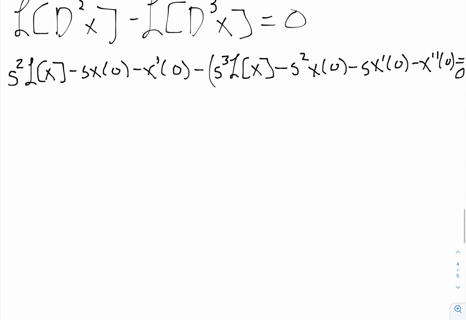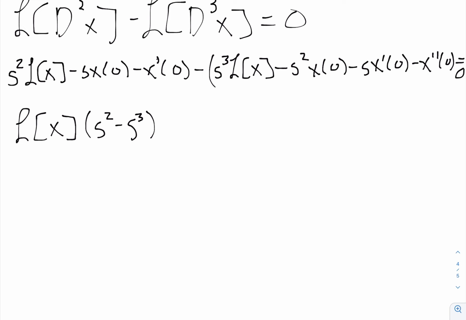Okay, so let's kind of distribute this. Once we distribute, we can actually factor out an L of x and cancel out a bunch of stuff. I'm honestly not going to have enough room, so I'm going to write, after you distribute and factor, you'll get L of x times s squared minus s cubed.